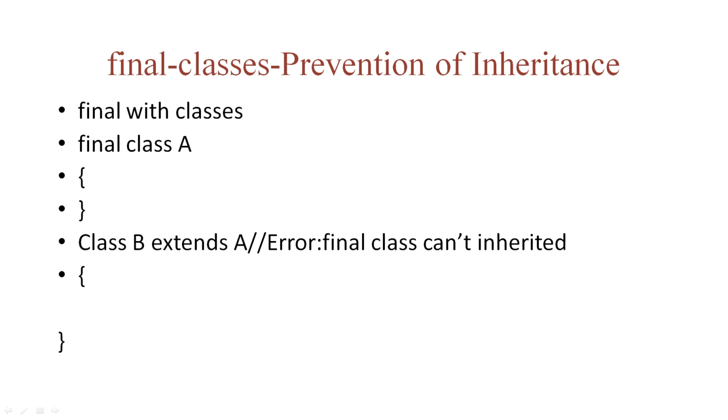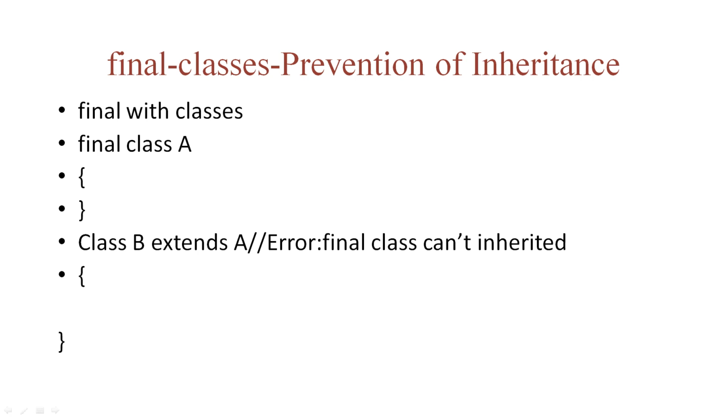That means we can't make this class A a superclass. In that situation, you can use this modifier. In real time, Java provides so many built-in classes and built-in methods. Among them, many methods are final methods, many variables are final variables, and many classes are final classes. If I have declared final class B, it is prevention of inheritance.